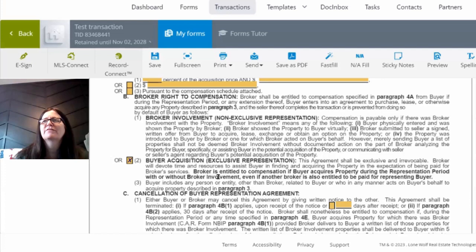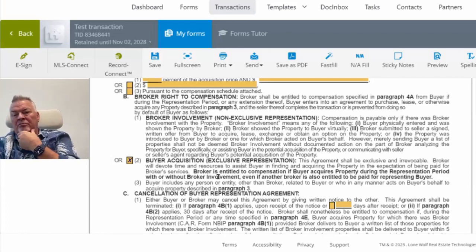But what if both agents show them the same house? You're still kind of in that same predicament, right? Well, because you could go show three or four properties in one day with your buyer, and then they turn around and go back to see it with their family member, and the seller's agent talks them into just working with them, and then you're screwed if you don't have any agreement.